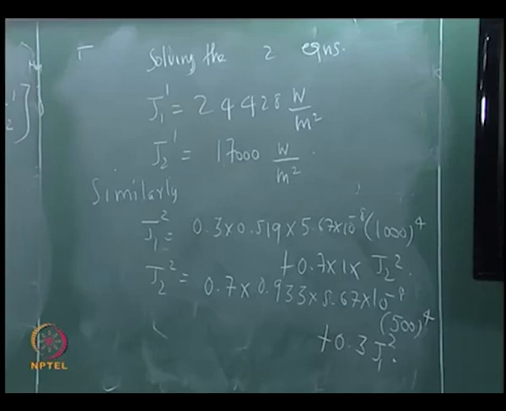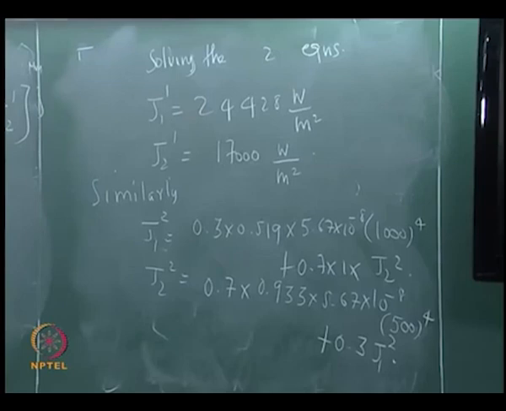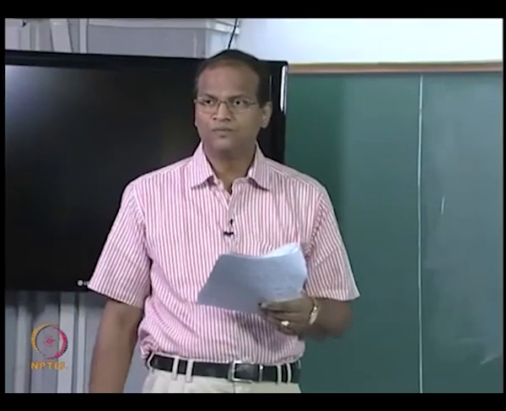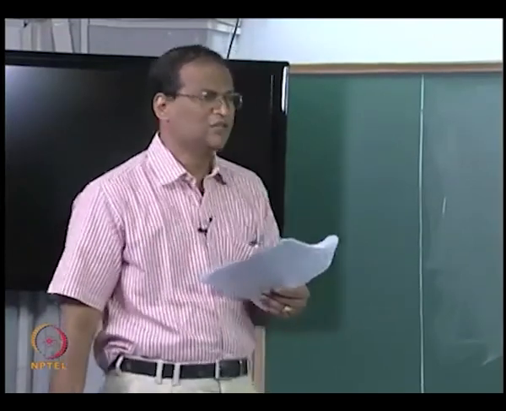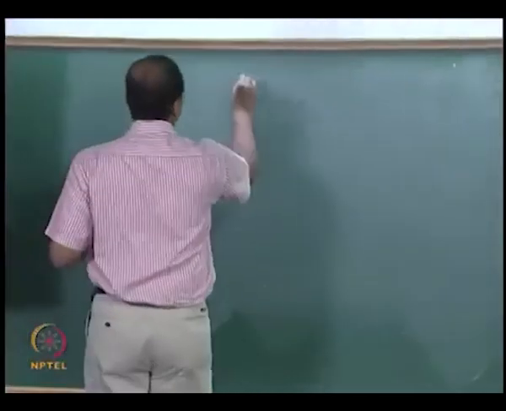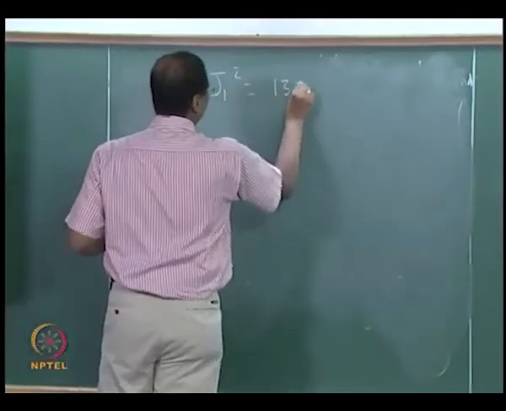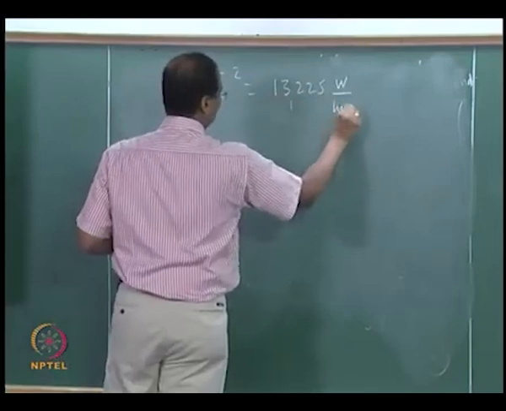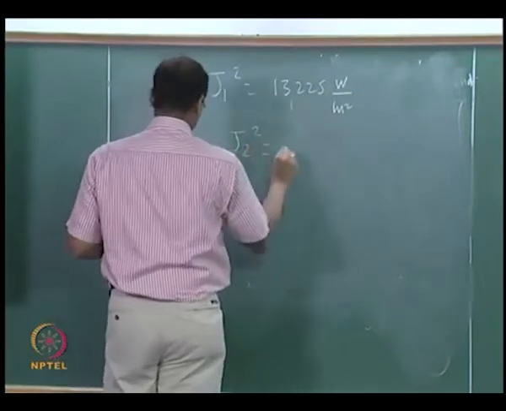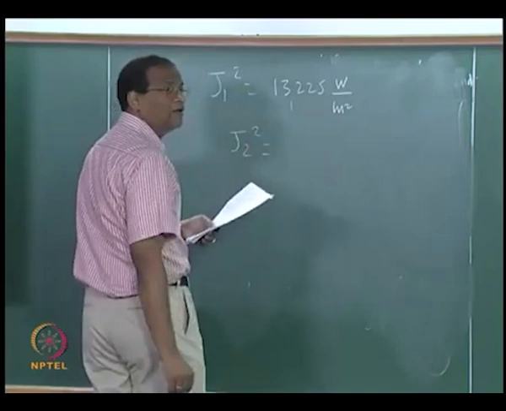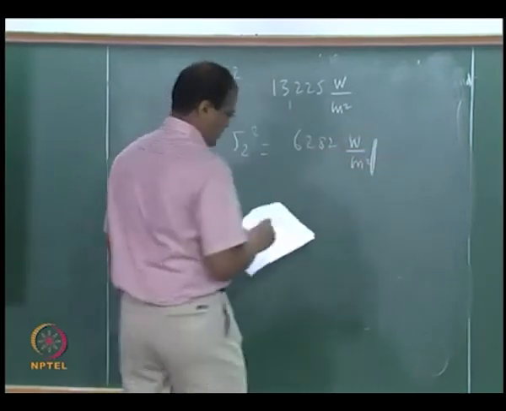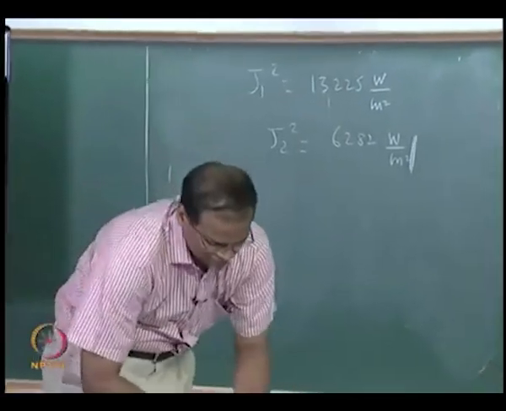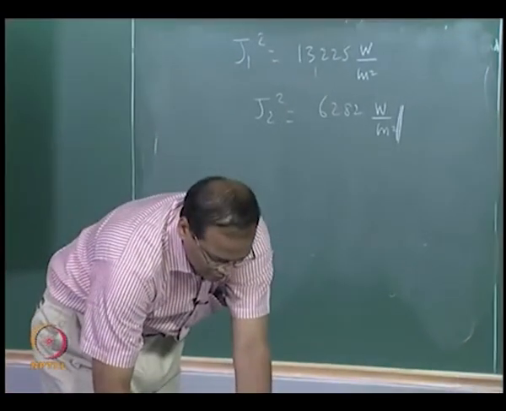Yeah, what do you get on solving this? J12, is it 13,225, that is what I get, check. Okay, so J22, is it okay?